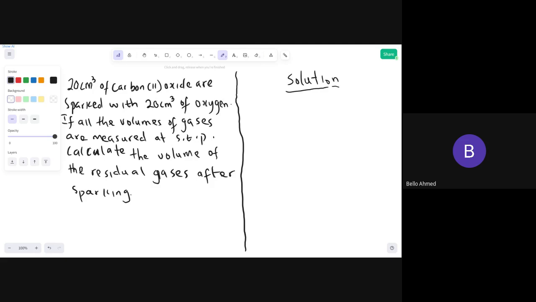So I have carbon 2 oxide, which is CO, plus oxygen. Remember, oxygen is a diatomic, hence the reason for the two I have there. Then CO plus oxygen is going to give us CO2.